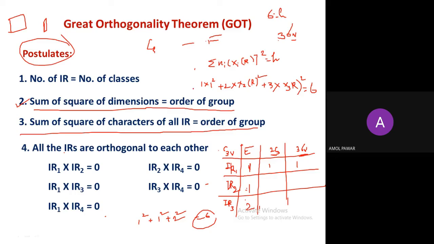Okay. Now see, we have this value, so we can write 1 plus 2 into the character of irreducible representation 2. So which value I have to write here, 1 or 2? See, the next is 3, again next is 3 into the character of this third class, the sigma v, is equal to 6.